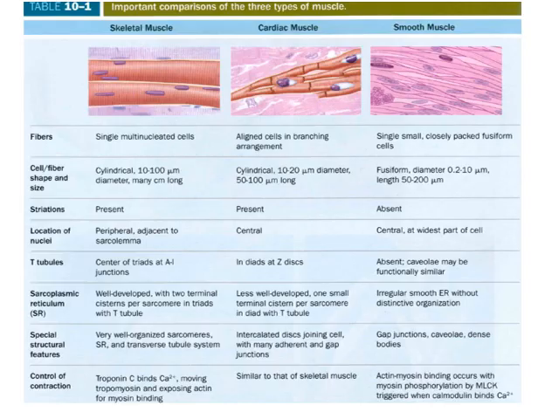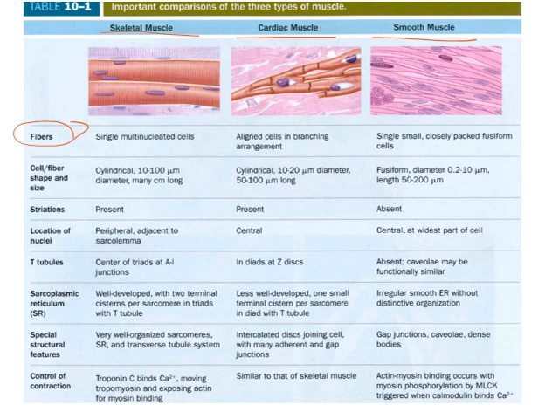So on table 10.1 on page 202, I recommend reviewing this quite a bit for your next test, because this is going to break down the 3 different types of muscle tissue and compare them.